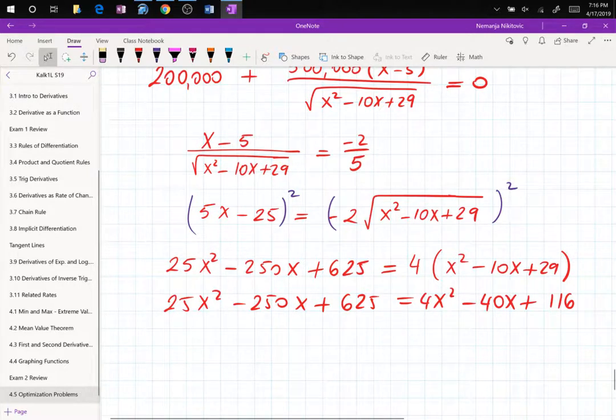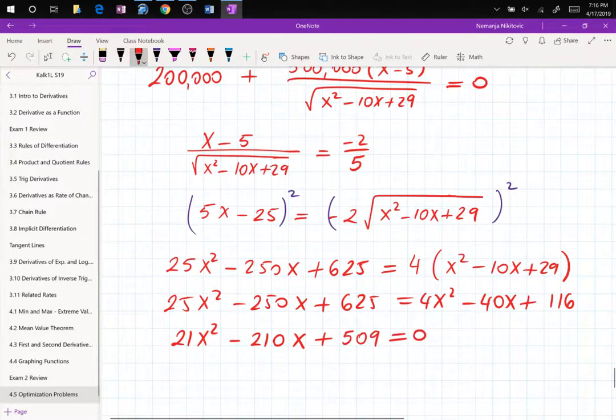So now move everything to the left. 25x squared minus 4x squared is 21x squared minus 210x plus 500 and something. 509. 509 equals 0. Now you go to Wolfram, Mathematica, or whatever other thing you have.